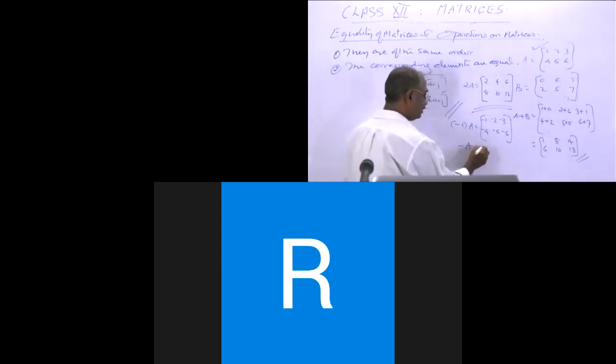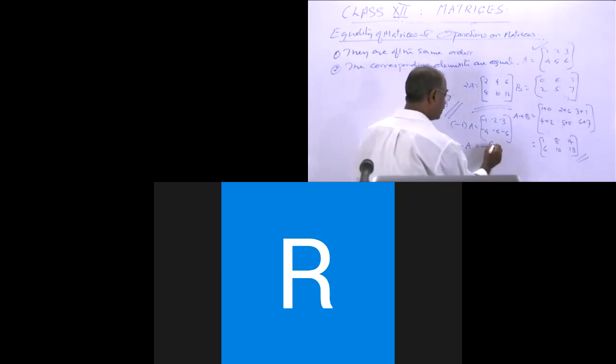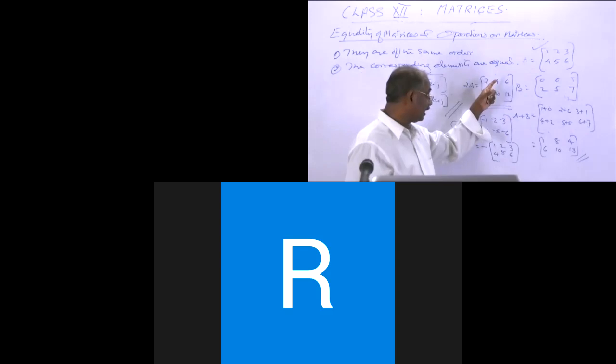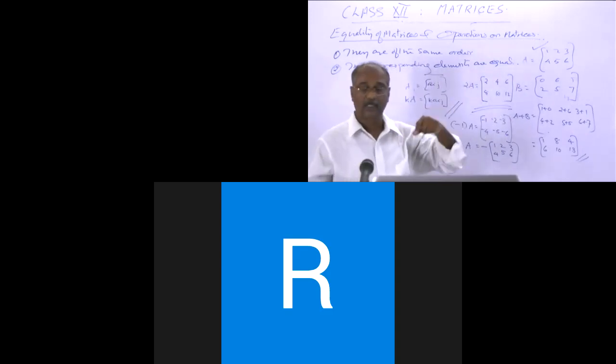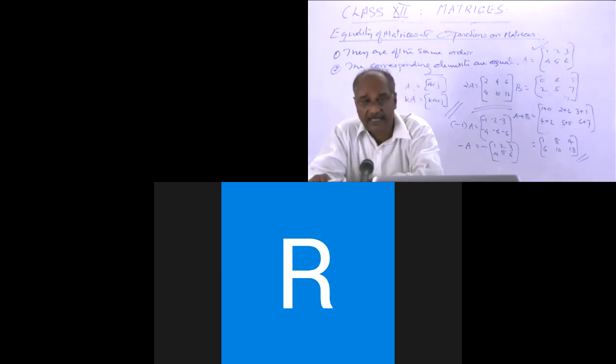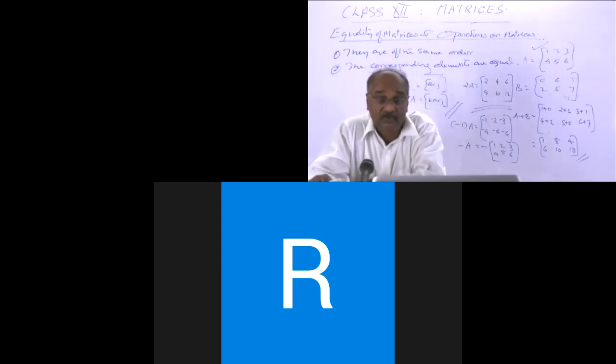So this is equal to minus of this matrix 1, 2, 3, 4, 5, 6, and this is called the negative of the matrix A. If we multiply a matrix with -1, we get the negative of that matrix.